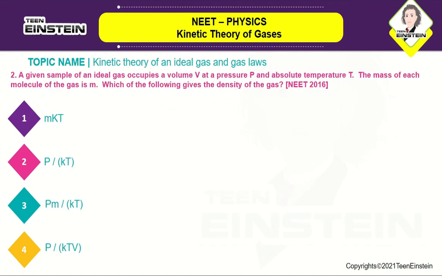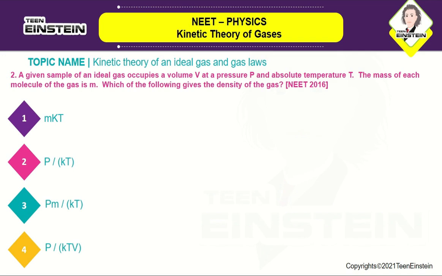Okay, so the next question is, a given sample of an ideal gas occupies a volume V at a pressure P and absolute temperature T. The mass of each molecule of the gas is m. Which of the following gives the density of the gas?